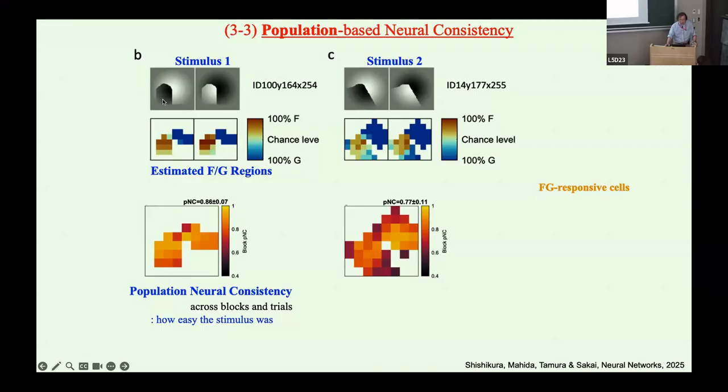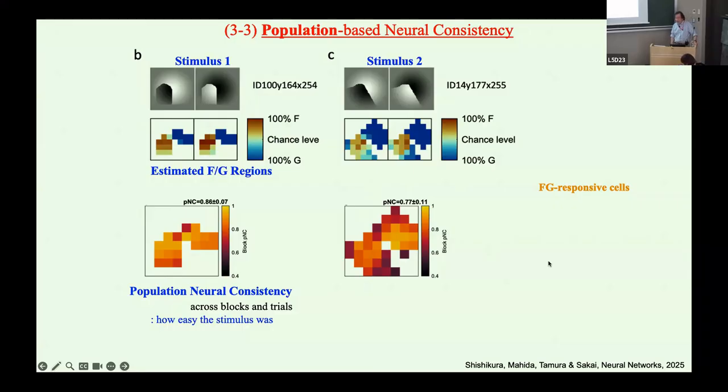So this is a black figure, this is a white figure, but the machine judges the same region as figure, independent of the contrast. And this is the population neural consistency, which indicates how confident the machine was. And this shows another example. Similar to the first one, the machine naturally detects the figure region with some confidence.